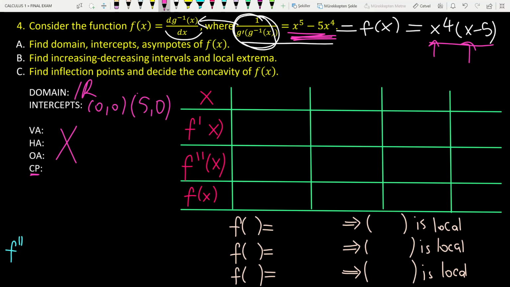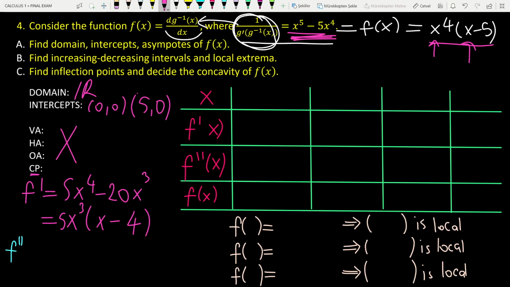What about the critical points? In order to find the critical points of the function, you need to find f prime first, right? Let me write down f prime. This is very easy to find. f prime is 5x to the power 4 minus 20x cubed. If you take the parentheses of 5x cubed, you have x minus 4, right?